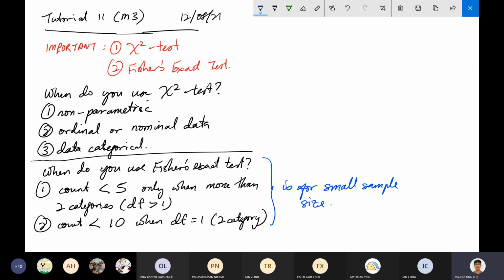For large sample size, you use your chi-square test. That's the main reason. However, there's actually a lot of problems with Fisher exact test. You realize that Fisher exact test is actually not easy to calculate. There's only one question with Fisher exact test, which is your question 4. So anybody still confused with these two tests? When do you use which one?